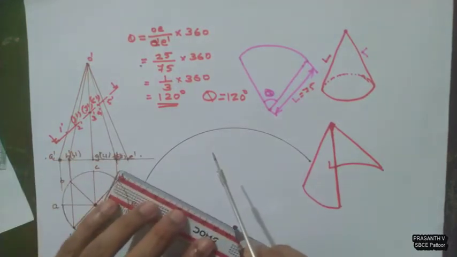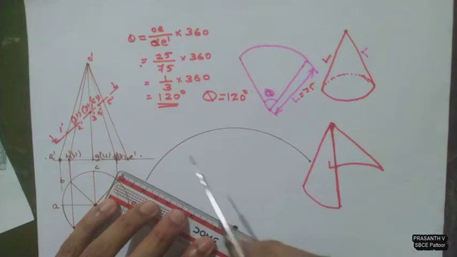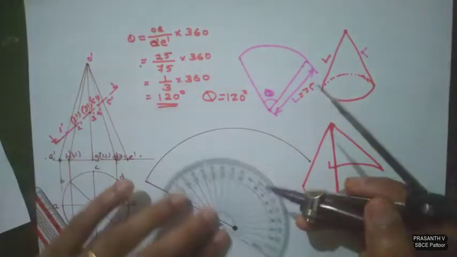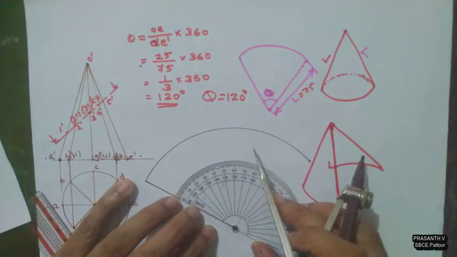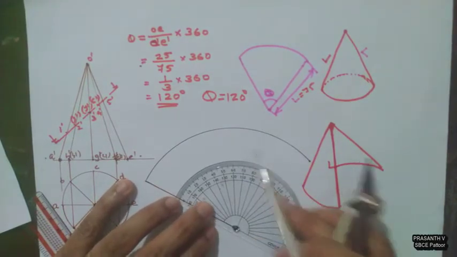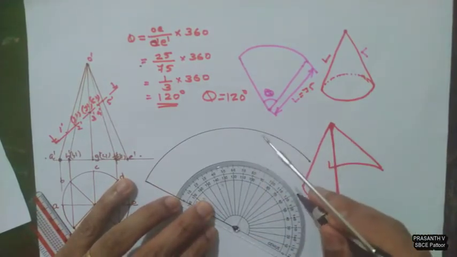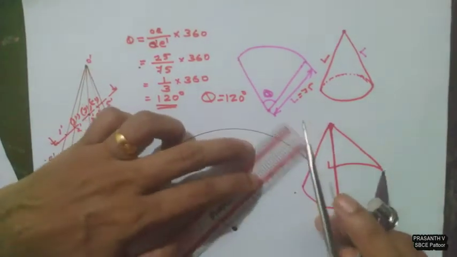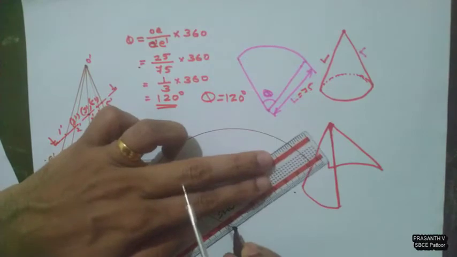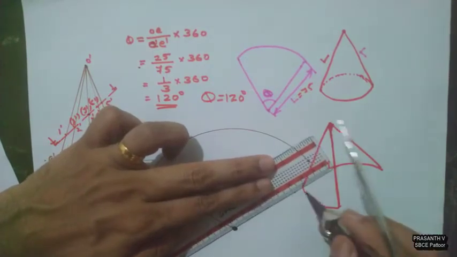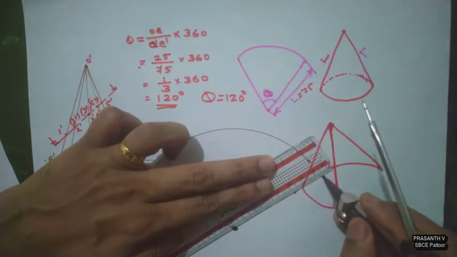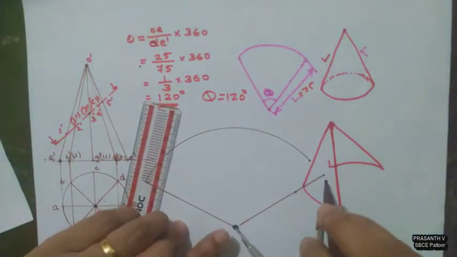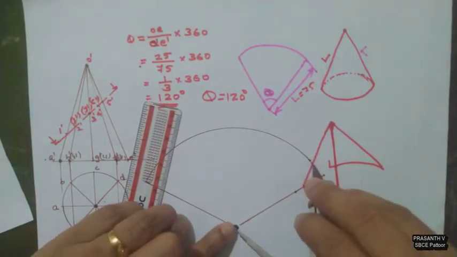For that, first you have to draw a line to one end of the arc and place the protractor here. Take 120 degree. Like this.